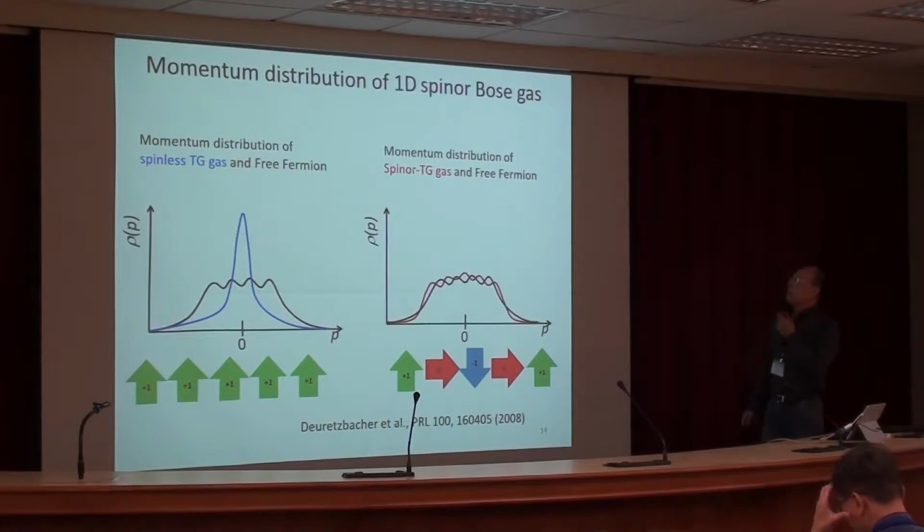But when you introduce spin, depending on the symmetry of your spin, you can tune it such that even the momentum distribution will mimic free fermions. So this is the signature we're trying to look for if we're trying to realize the system.